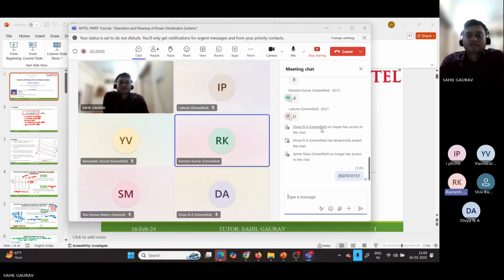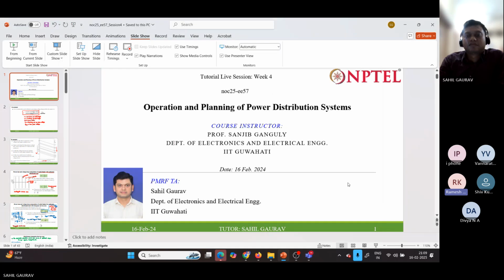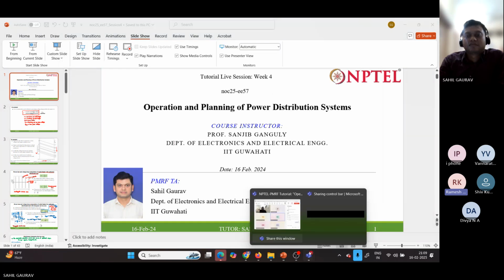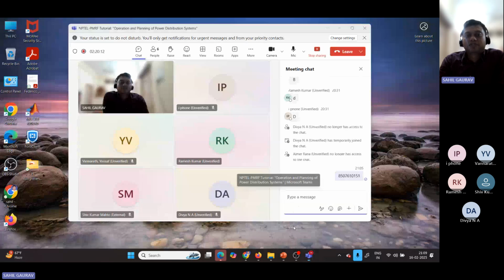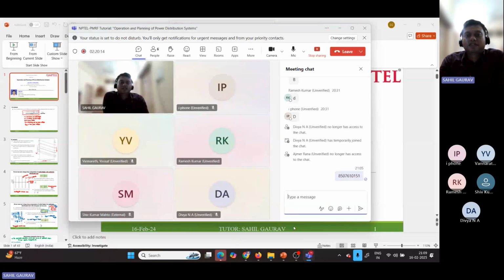Sir, where do we get the assignments? Either the research papers on the smart transformer, from IEEE Xplore. Does your college have an IEEE license?